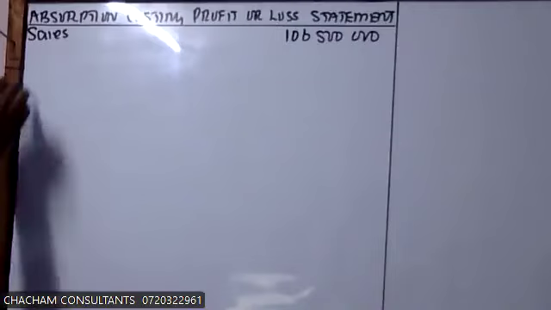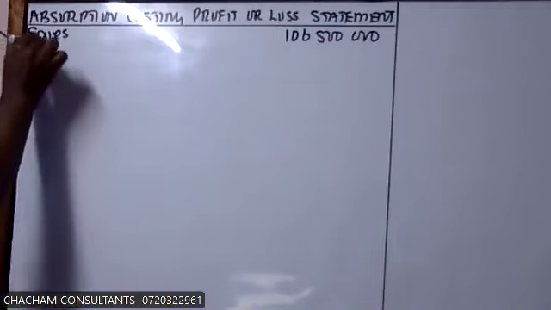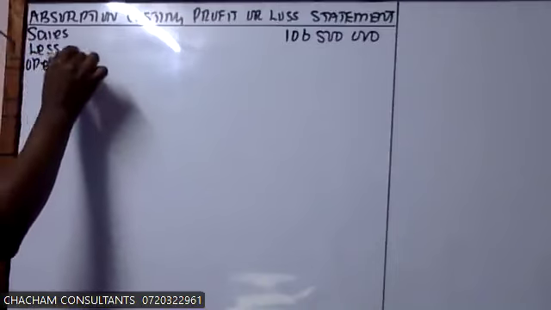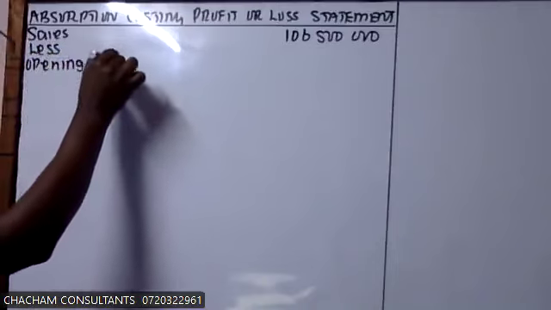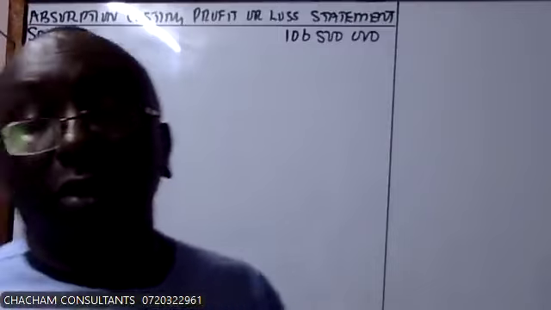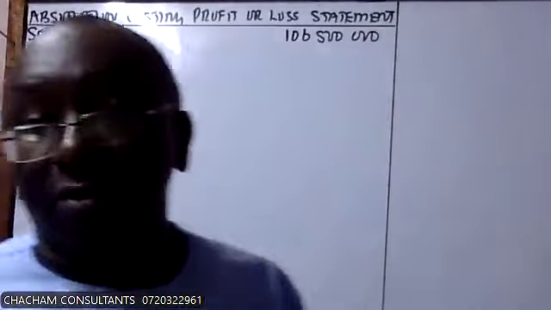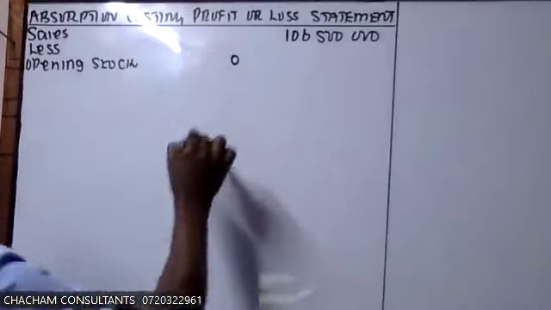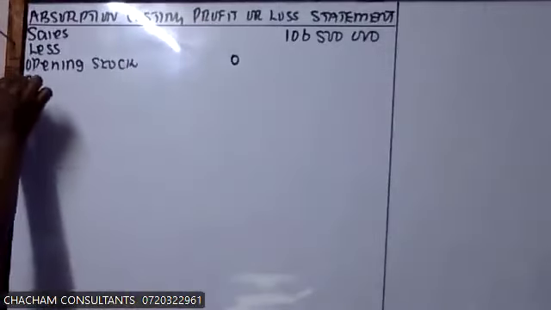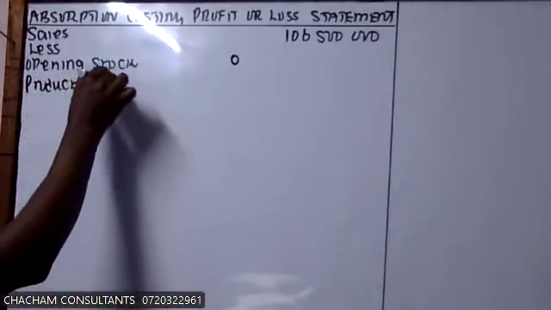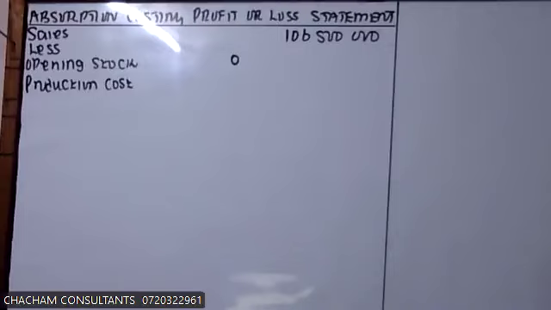Then you say less opening stock. Opening stock we have 0. So there is nothing here. Add production costs.